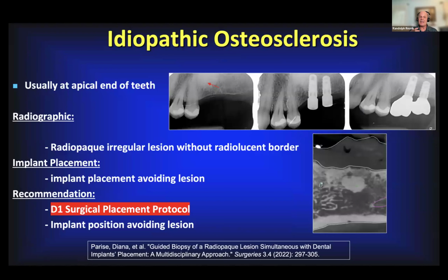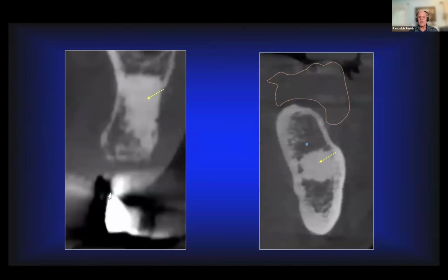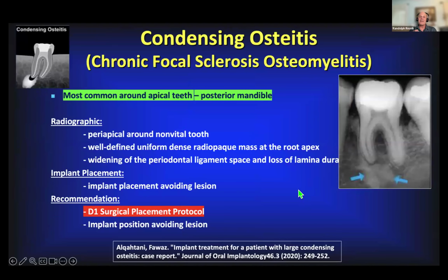This is usually at the apical end of teeth, and this is an area of just sclerotic bone. That is probably the most common we're going to see. You can see here, here's one on the maxilla on the left, and here's one on the mandible on the right. Also, condensing osteitis. Condensing osteitis is usually around the mandibular posterior molars.